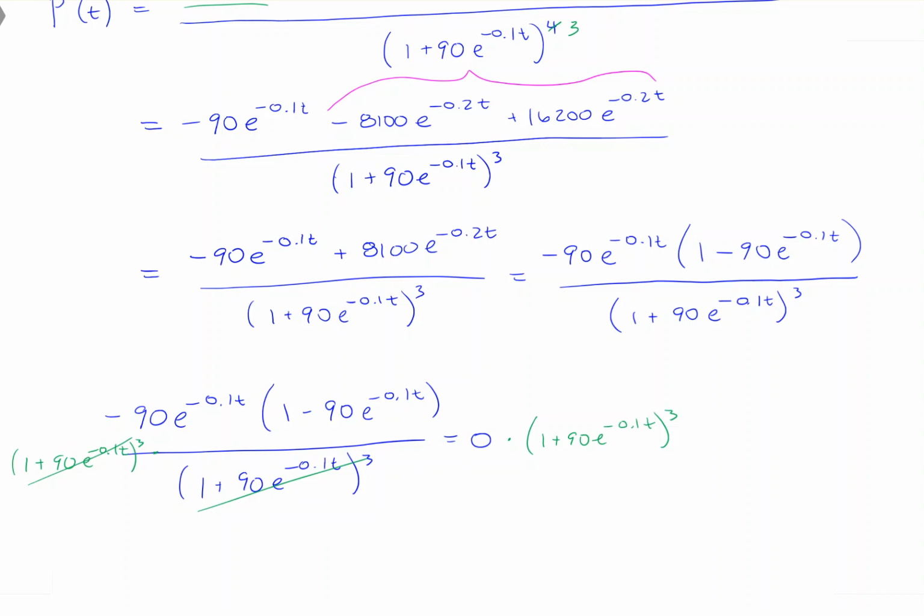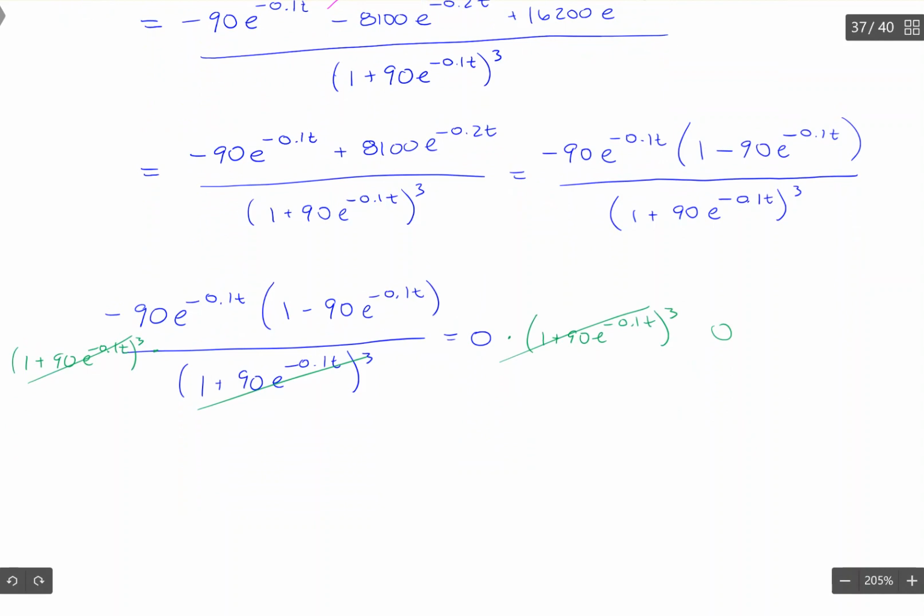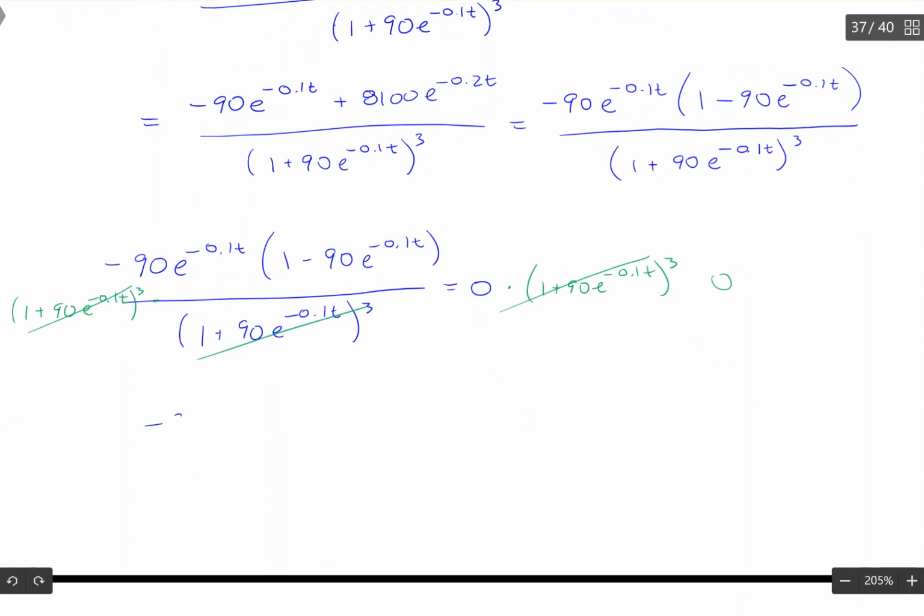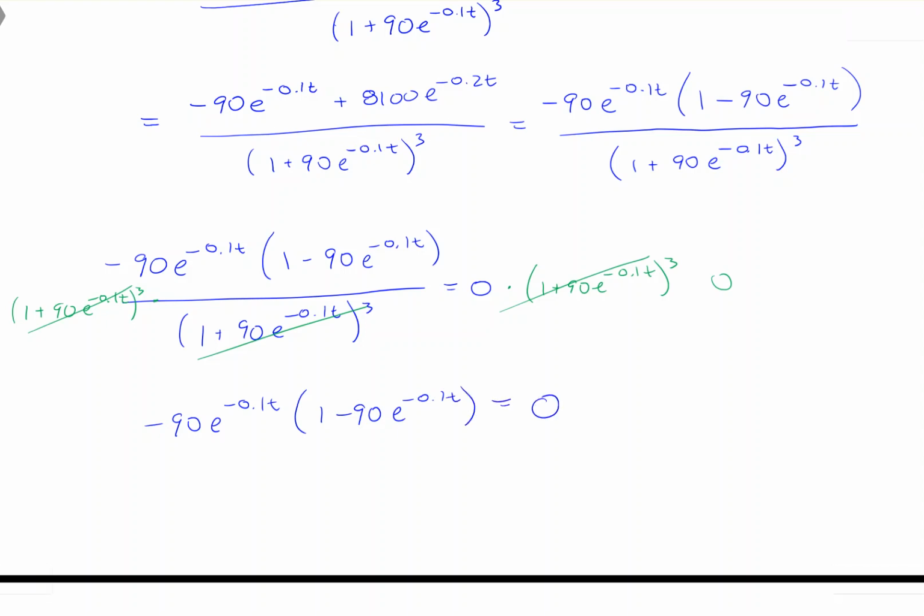Because this denominator cancels out, 0 times anything is still just 0. So the next stage in this process is just to take the numerator, negative 90 e to the negative 0.1t, times 1 minus 90 e to the negative 0.1t equals 0. That's a much better thing to work with. We've gotten rid of the denominator altogether.